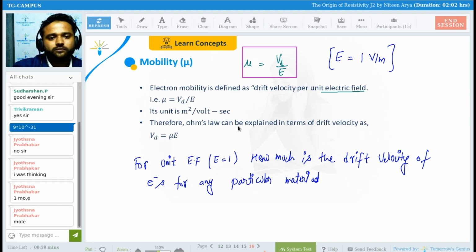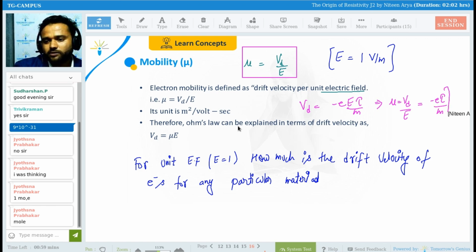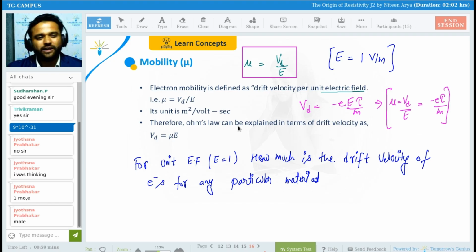So mu, which is mobility, is directly proportional to tau, and we have another relation with tau. There are so many relations, but the main thing is this.